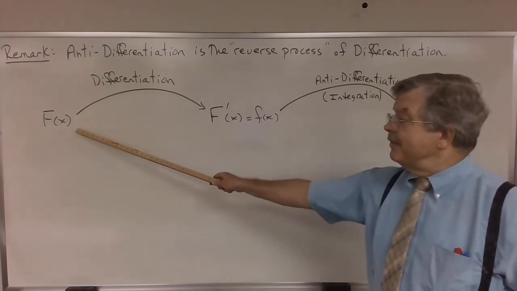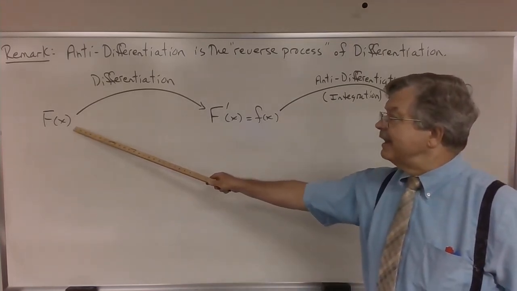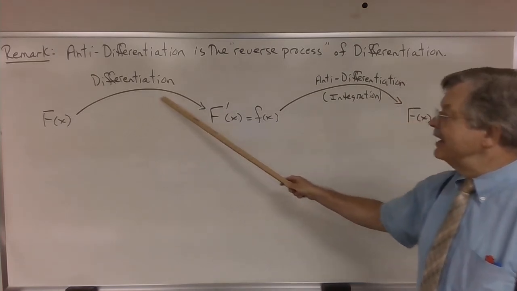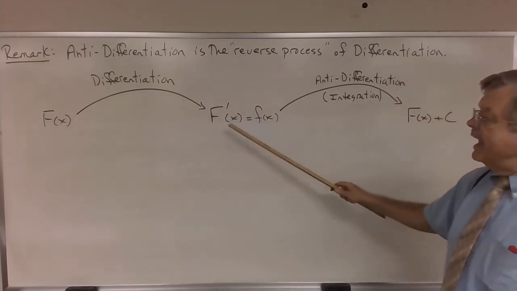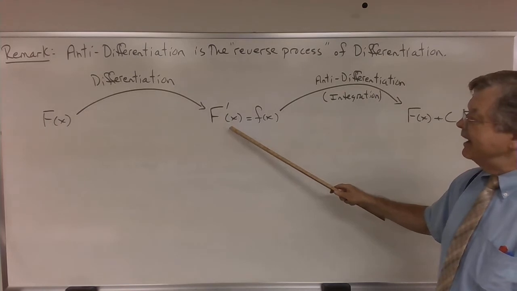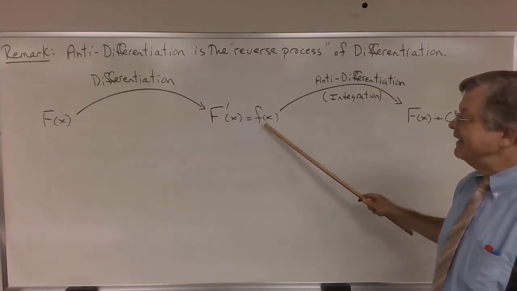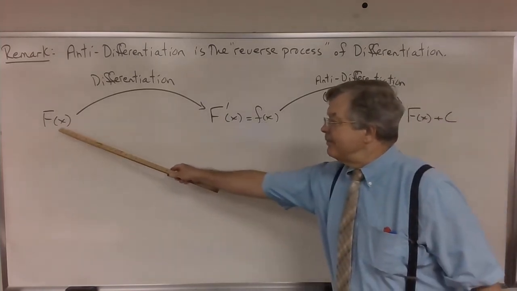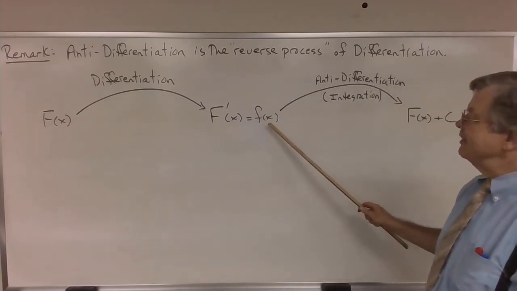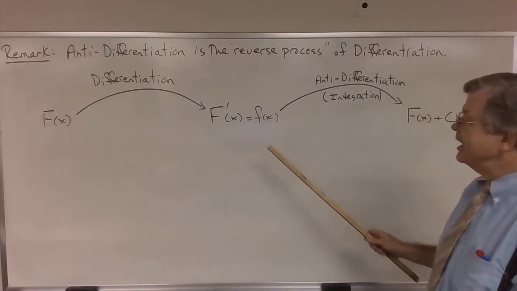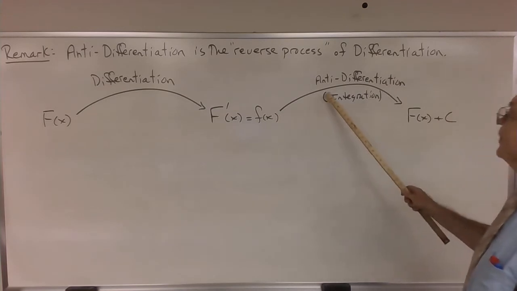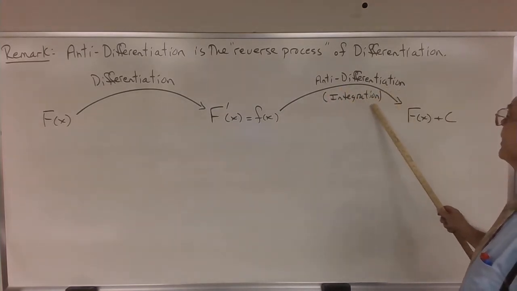We start out with a function capital F of x, and we differentiate, and we get capital F prime of x, which is little f of x, since capital F of x is the antiderivative of little f of x. And now what happens if we antidifferentiate or integrate?